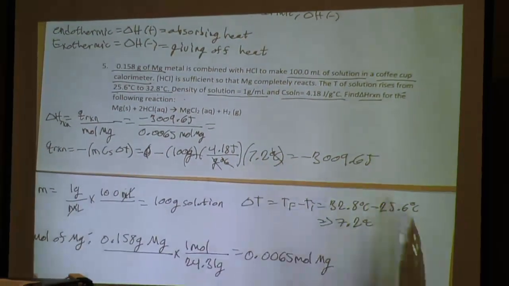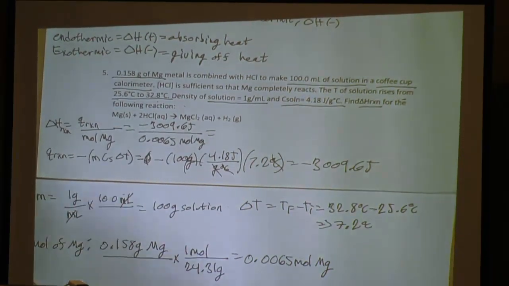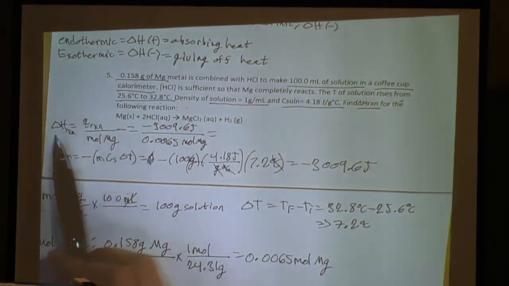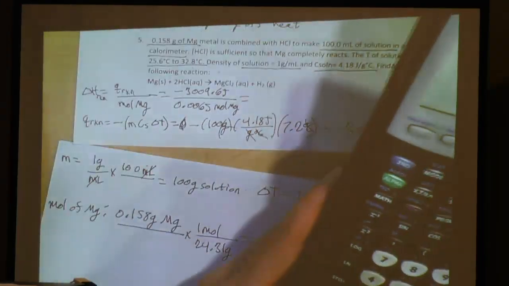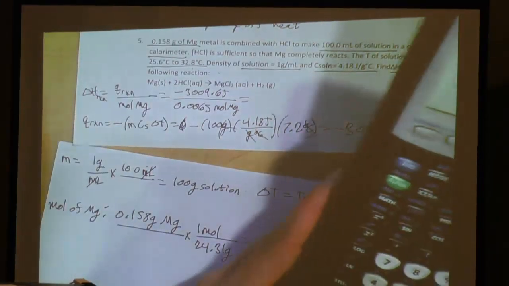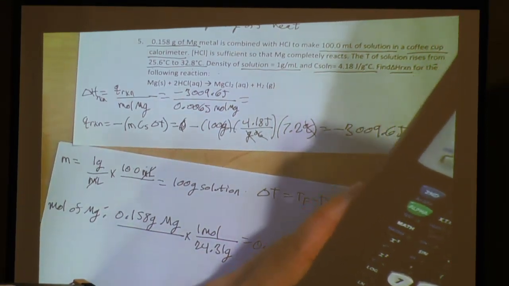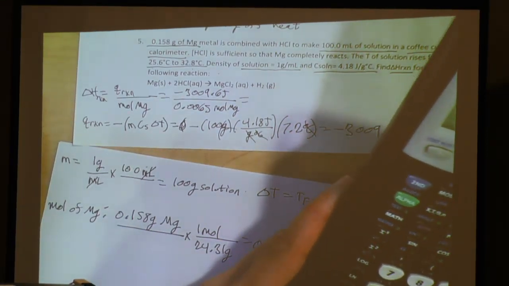Does this step kind of make sense? Yeah. So now we could put it all together. We filled in the equation. Now we just divide. Let's roll. Negative 3009.6 divided by 0.0065.